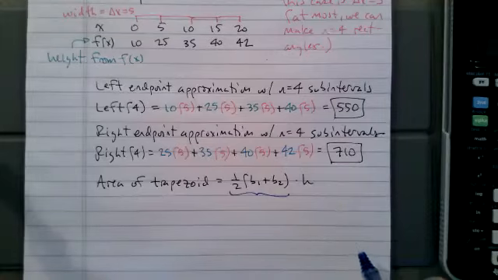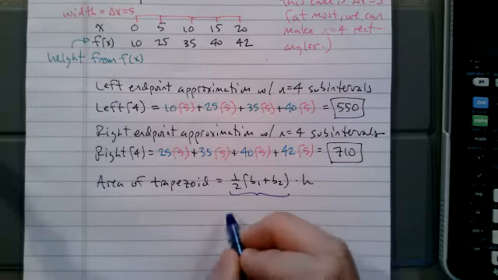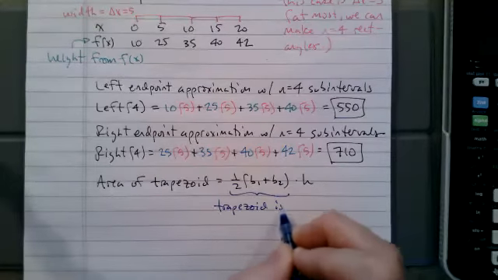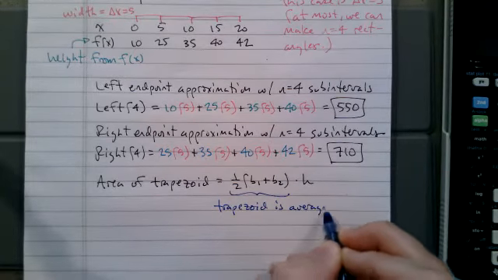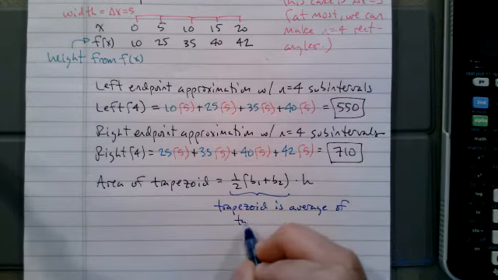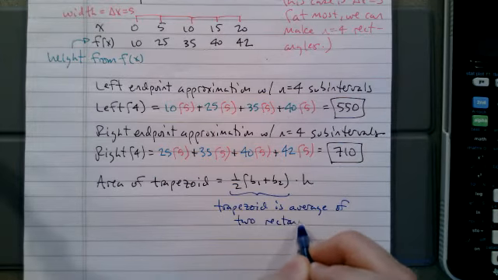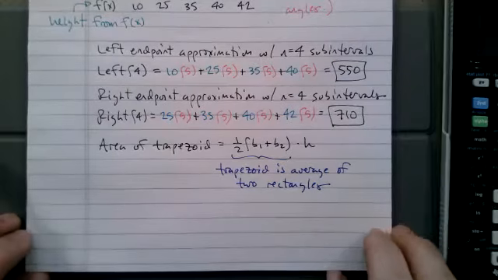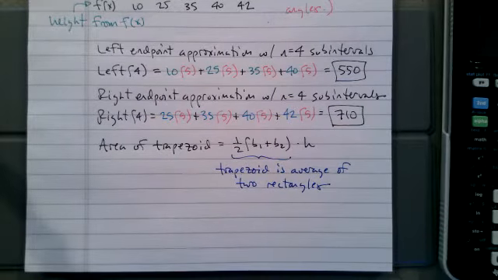A trapezoid is the average of two rectangles.